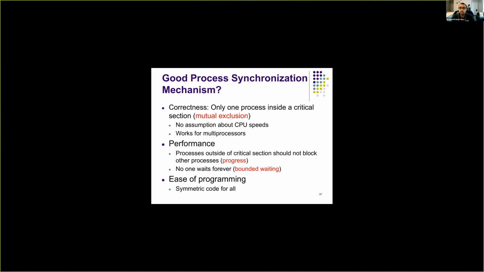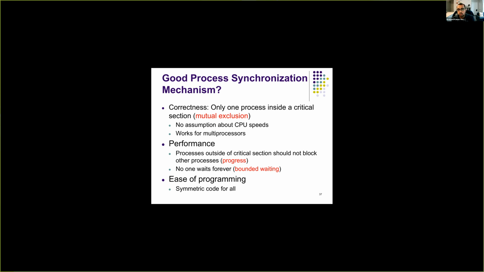And we want to make sure that processes do not wait indefinitely. This property is called bounded waiting. Basically, we should have an upper limit on when a process will get a chance to execute the critical section.